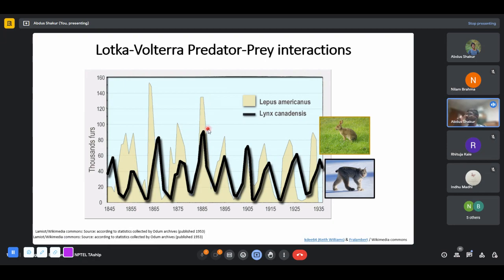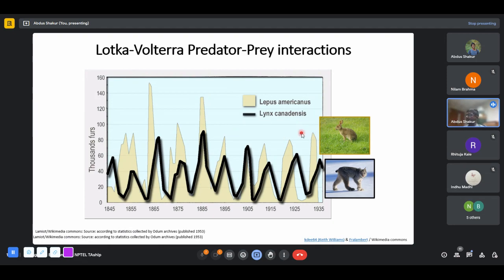But prey is generally present in higher number than predators, because predators need a much larger number of prey. They just go on oscillating, one following closely the other. So that's how they were able to verify some of those equations that were put forward earlier.